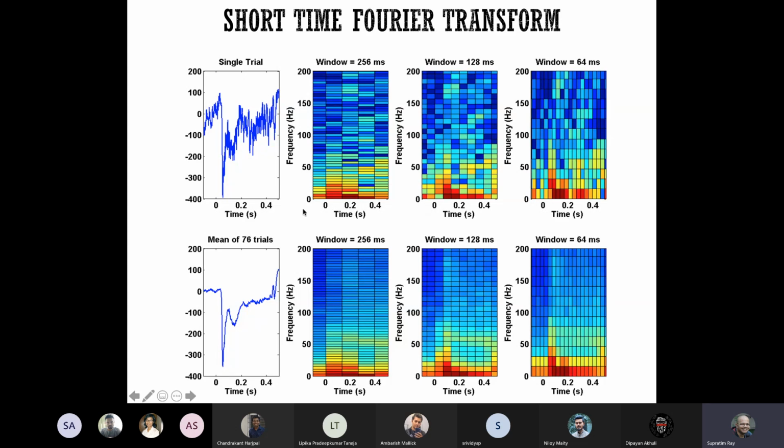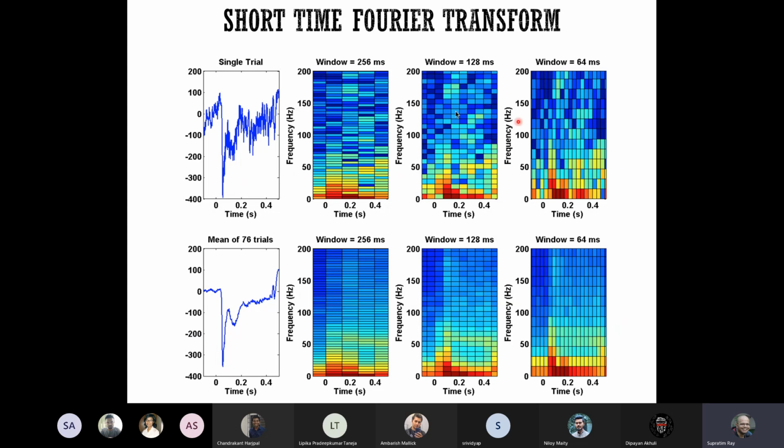So when you use longish tiles, you've got good frequency resolution, in the tiles shown here. These have poor time resolution, but good frequency resolution. And these ones have good time resolution, but poor frequency resolution.